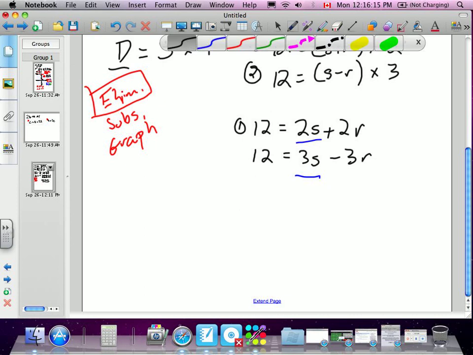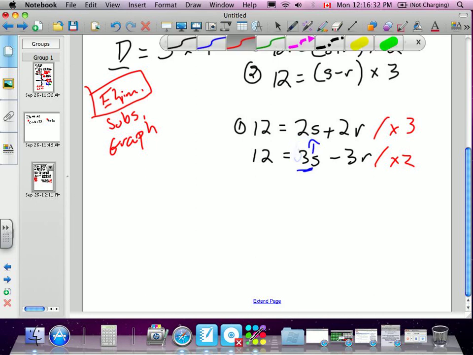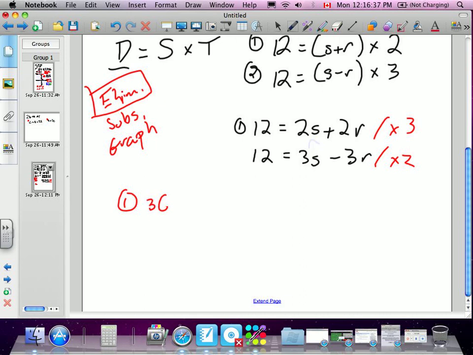This equation I multiply by this coefficient, and this equation I multiply by this coefficient. Okay? So, our new equation for equation 1 is 36 is equal to 6s plus 6r. And equation 2, 36 is equal to 6s minus 6r.